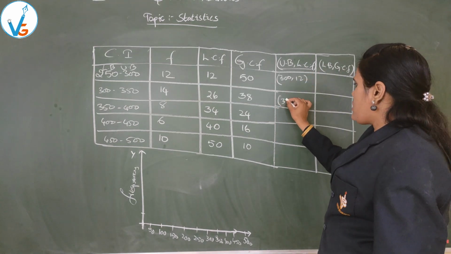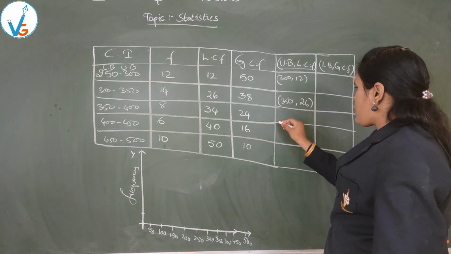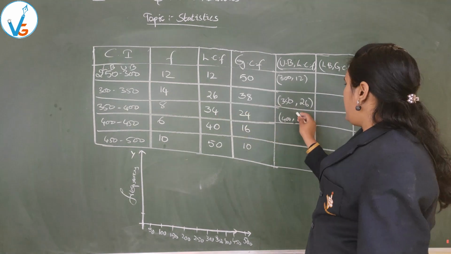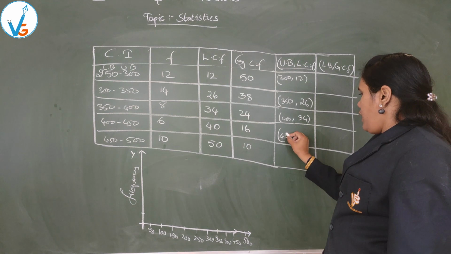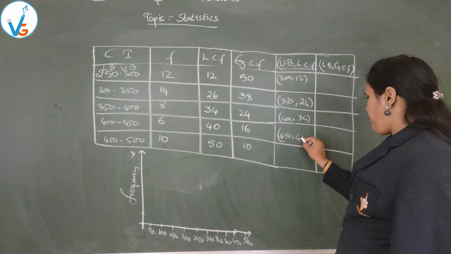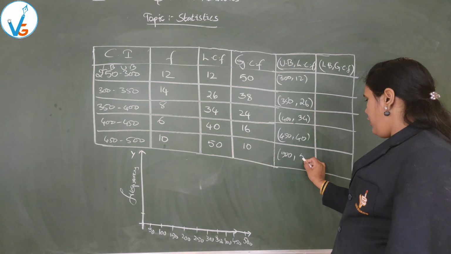Next, here it is 350 comma 26. Next, here it is 400 comma 34. Next, here it is 450 comma 40. Here it is 500 comma 50.